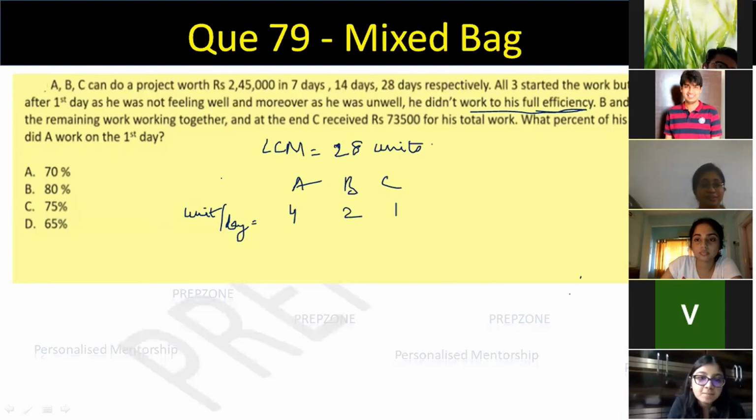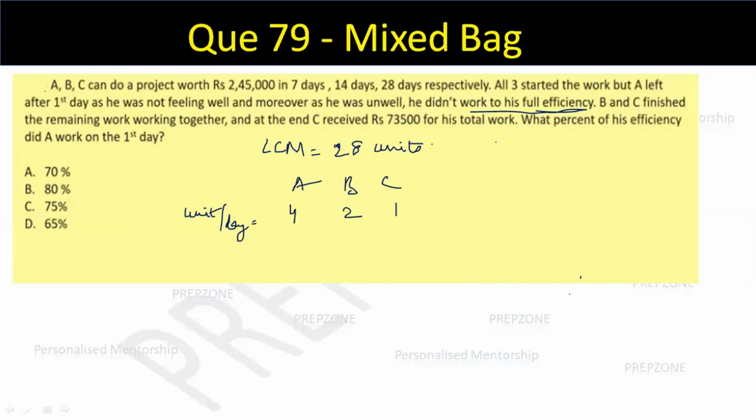Okay, yeah. Okay. But see, the only information that we are given here is कि B and C ने तो they have finished the remaining work together. Okay, and at the end C receives for itna work. What percentage of his efficiency did A work on the first day? So see, हाँ, हमको दो सिनेरियो बनानी, right?